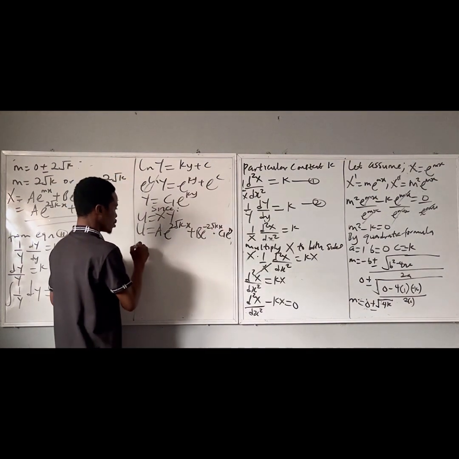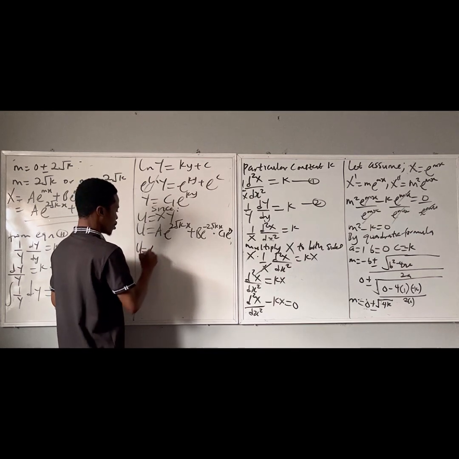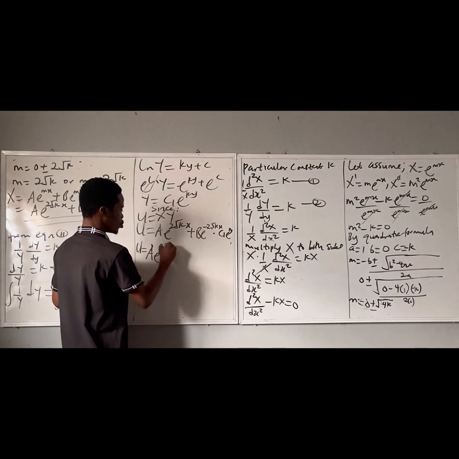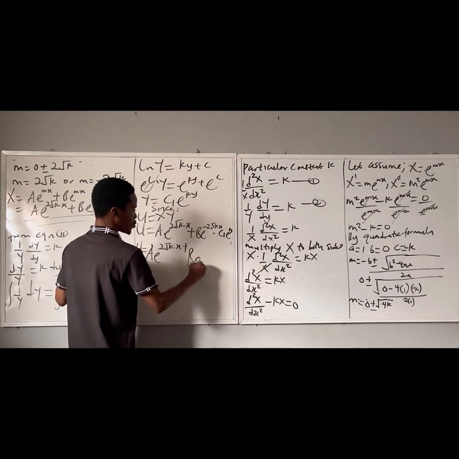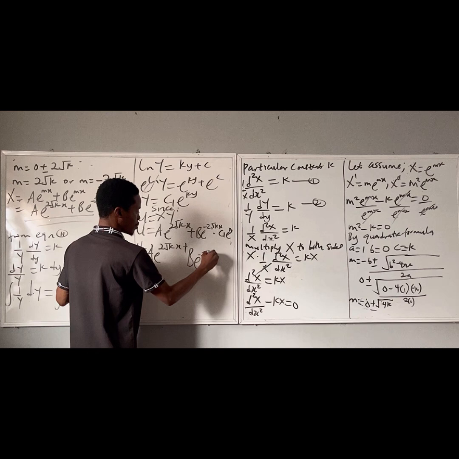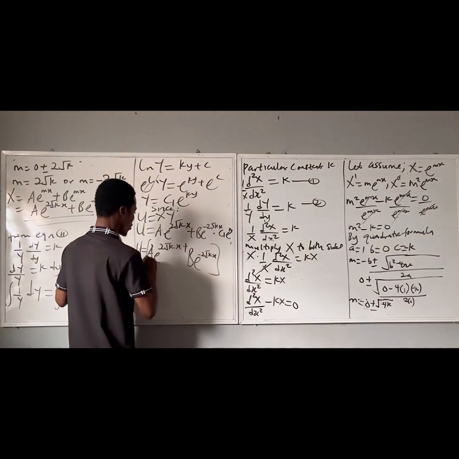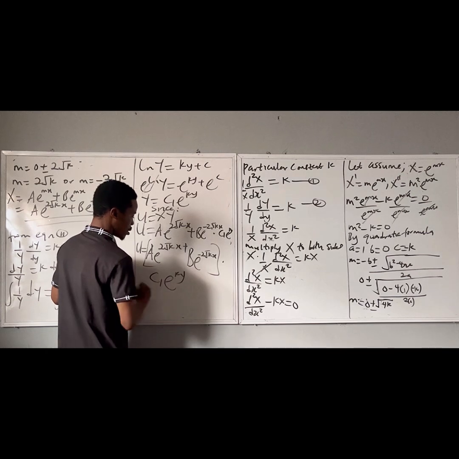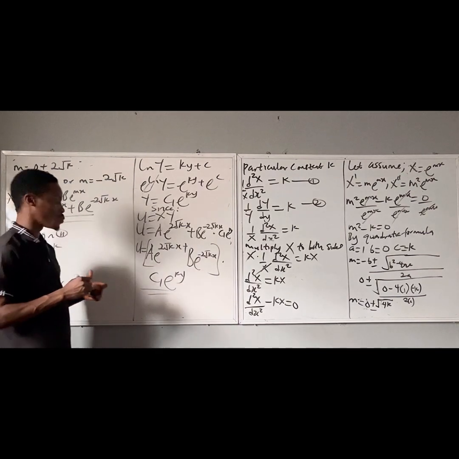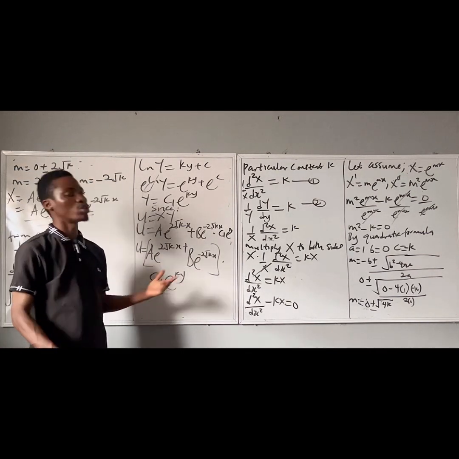So my general solution will now be a exponential 2 root kx plus b exponential minus 2 root kx, multiplied by C1 exponential ky. This is the general solution to the PDE.